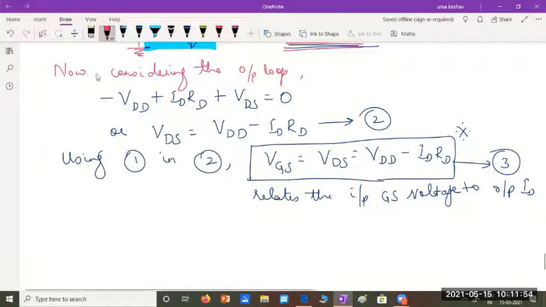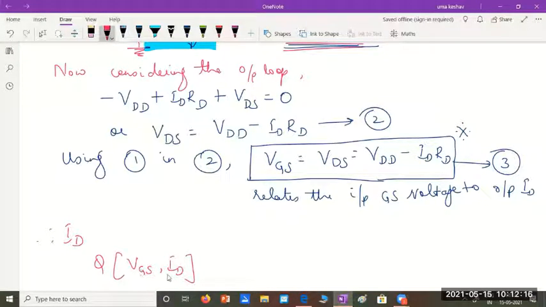Now, we have already determined VGS, we have determined VDS. So the only thing left to determine is ID, because we know that the coordinates of the Q point are VGS and ID. Remember, in a MOSFET, the coordinates of the Q point are the gate source voltage and the drain current. How do I find ID? What's the equation?